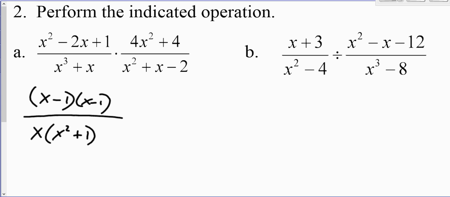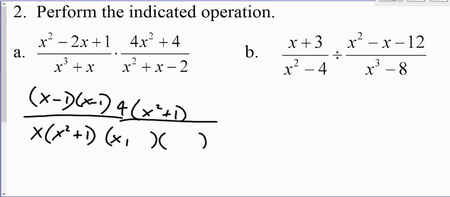For the second term I'm going to multiply, and I can write this all under the same fraction bar because we're just multiplying these out. The greatest common factor is a 4, times x squared plus 1, over, the denominator can be factored into an x plus 2 and an x minus 1. Things that are the same, x squared plus 1 and x squared plus 1 there, simplify to 1.